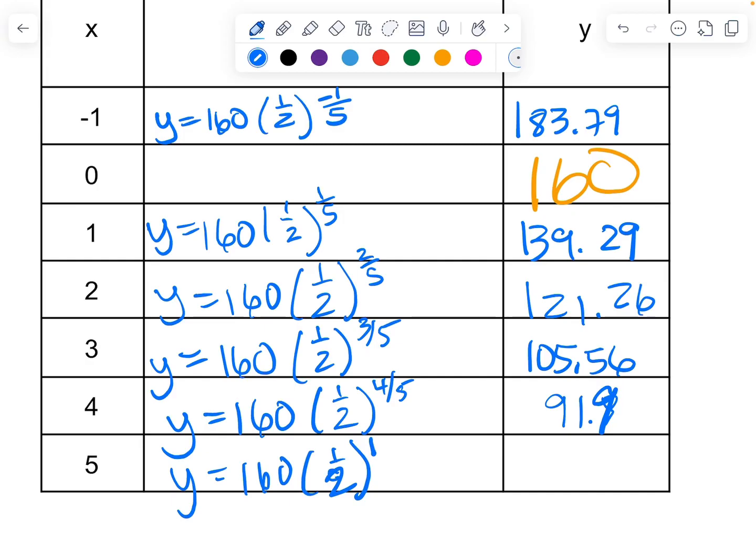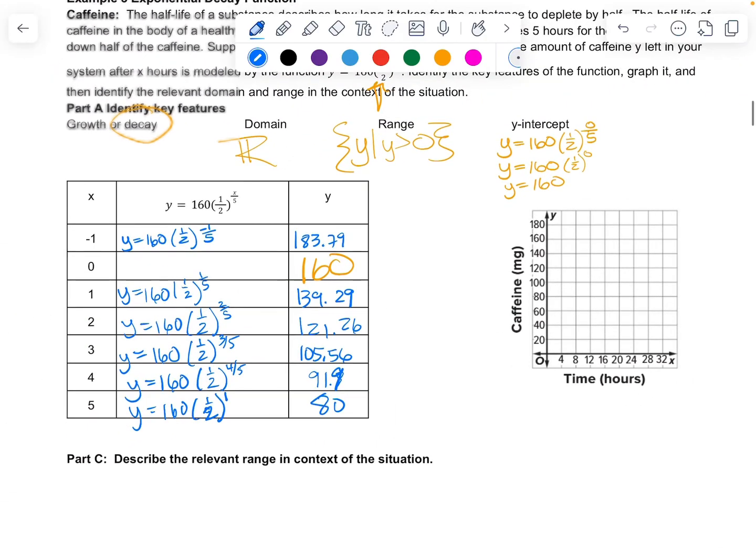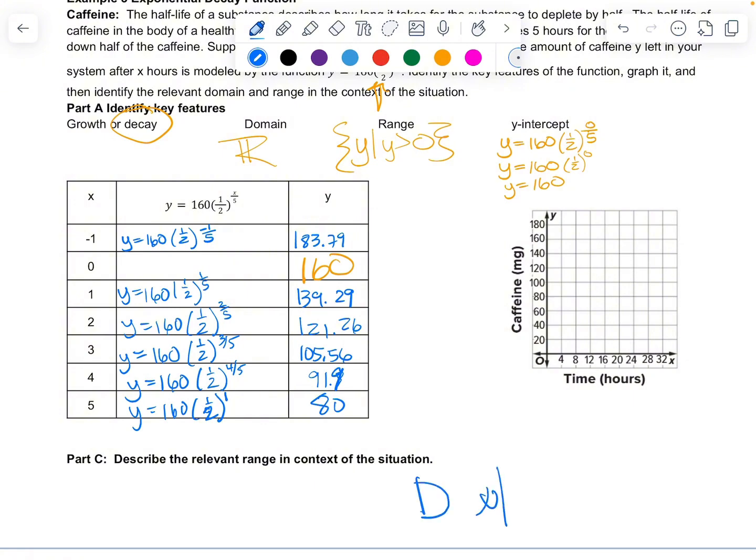And then do that, delete, and get 80. So then I would just come over here and put, well, -1. Well, can you have time that's less than 1? No, you can't have time less than 1. So that means the domain actually has to be x such that x is greater than, well, actually greater than or equal to 0.